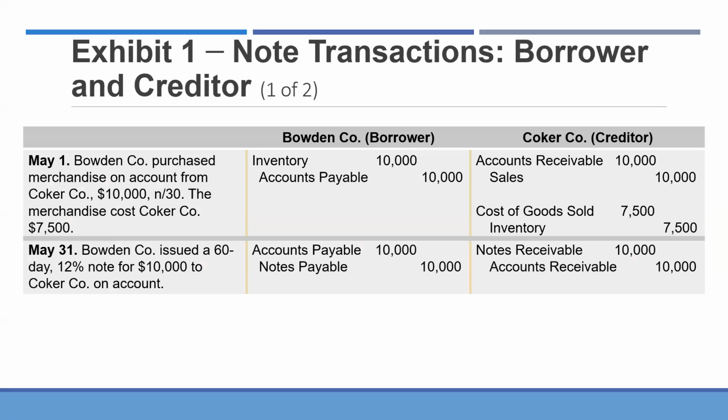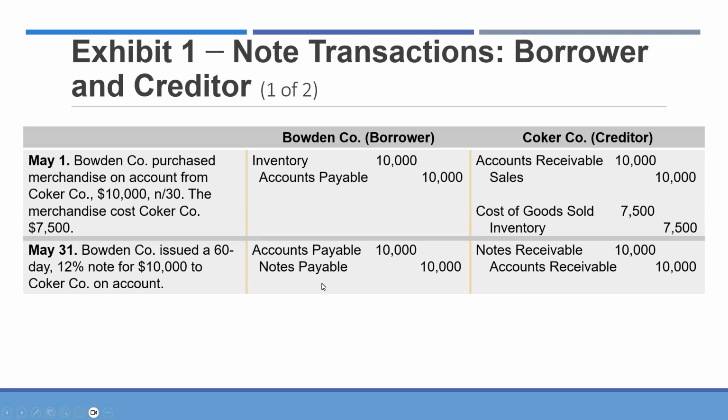And this is the perspective from the borrower and the creditor for a different transaction, but similar result. The initial sale, the borrower purchases inventory on account, so debit inventory, credit accounts payable. The seller debits accounts receivable, credit to sales, debits cost of goods sold, credit to inventory.